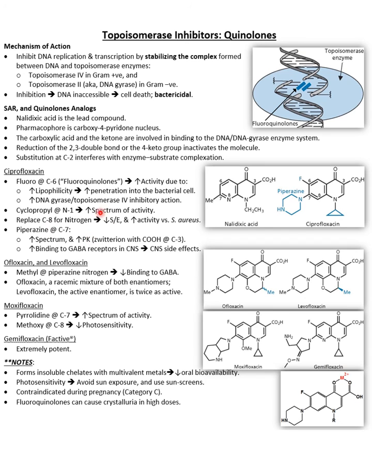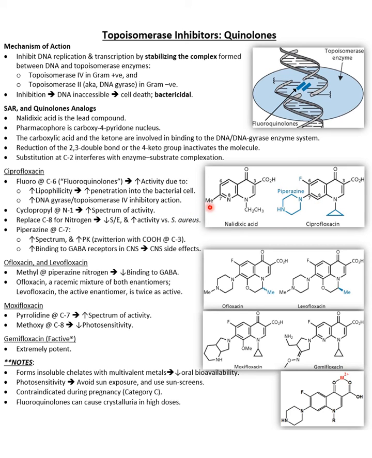Next, if we replace the ethyl group here in N1 with a cyclopropyl, that would increase the spectrum of activity. And replacing the nitrogen here at position 8 with a carbon would increase the activity against Staph aureus, and it would reduce the side effects.